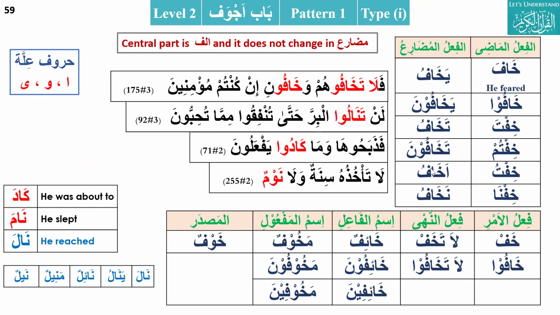So we have khifta, khiftum, khiftu, khifna. And Ismul Fa'il will be khayif. So this is the first case.